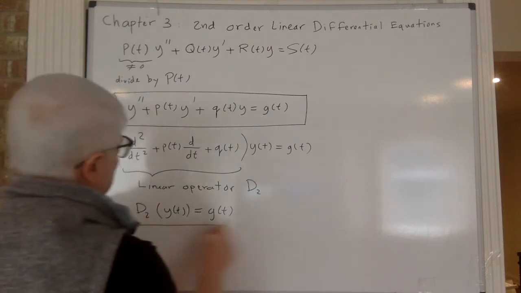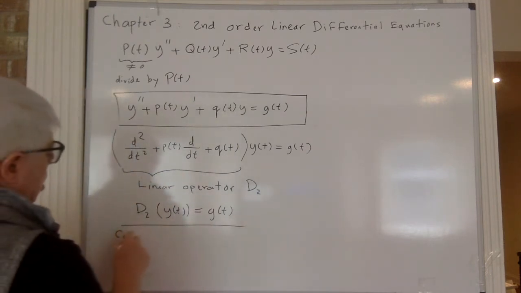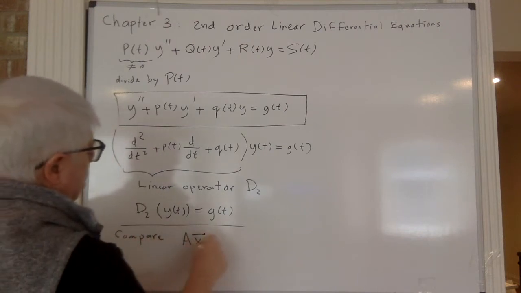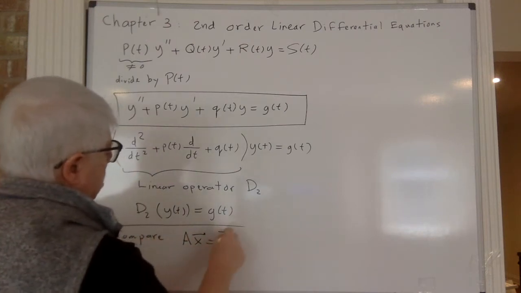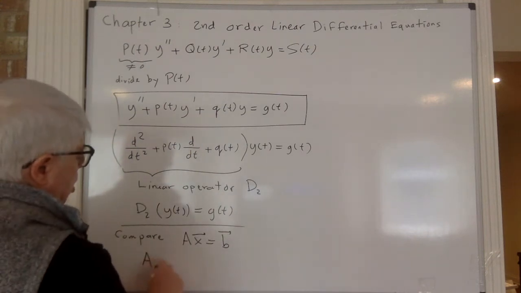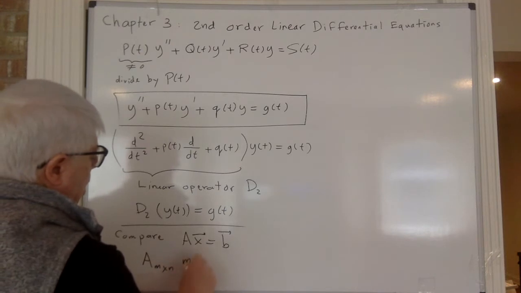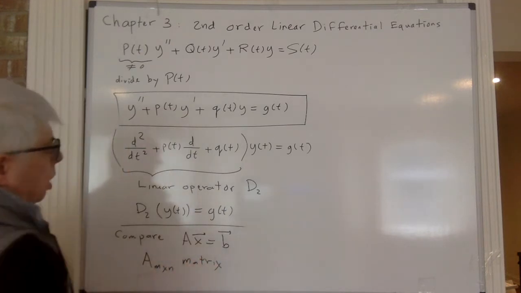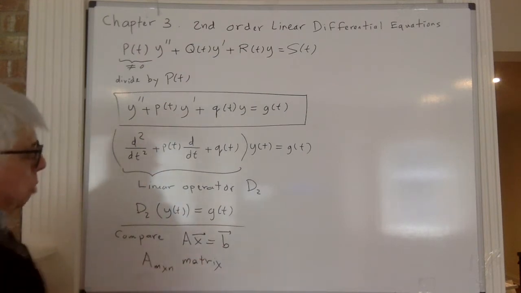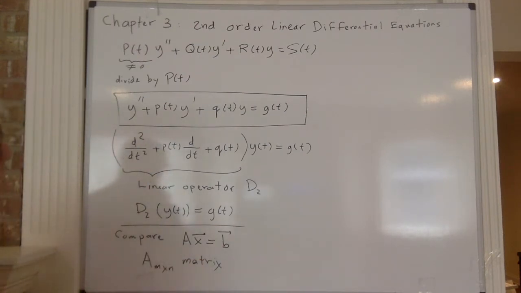Let's compare with Ax equals b. Well, A was a matrix, and remember this matrix corresponds to a linear transformation.